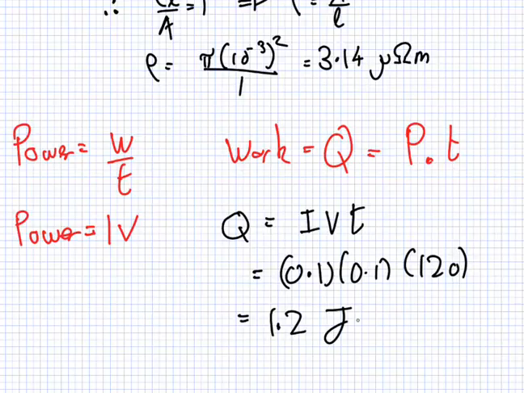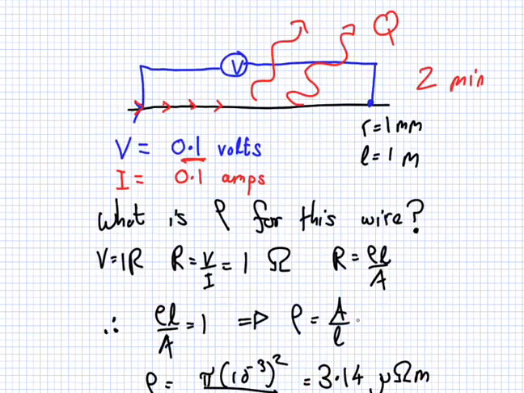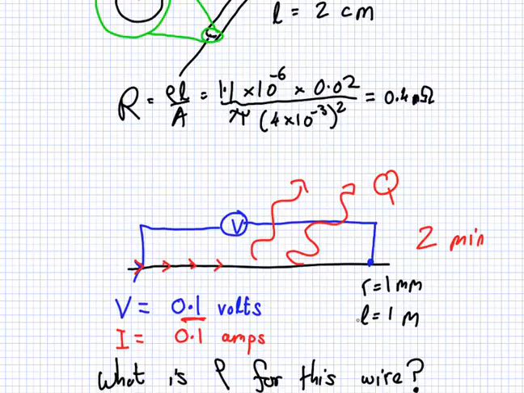Let me give you another one to try here. So this is what you can actually do as an experiment to calculate this constant. You see that? You can actually do this as an experiment to calculate the constant.